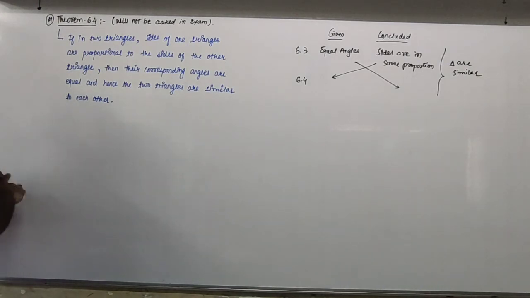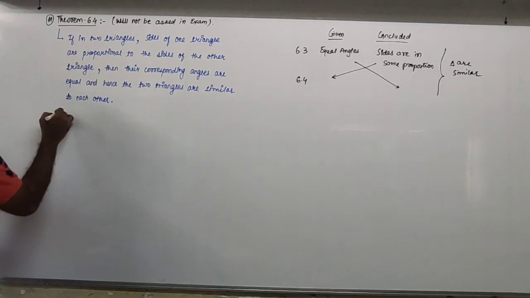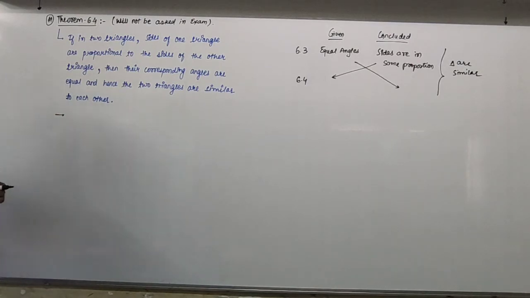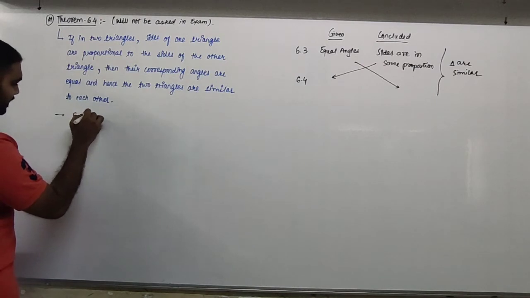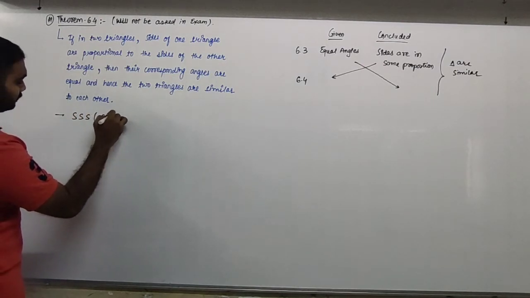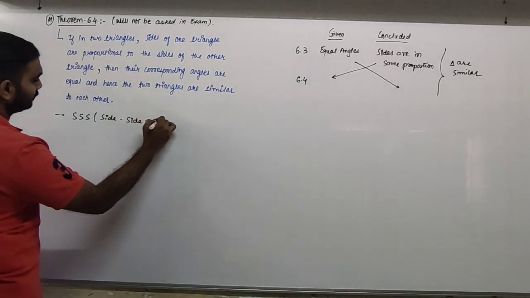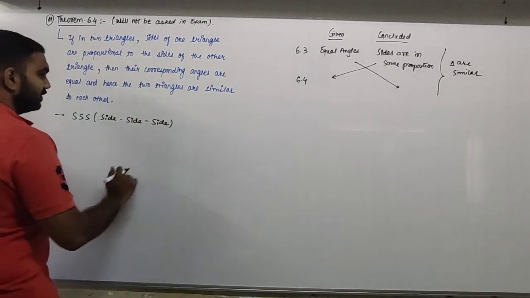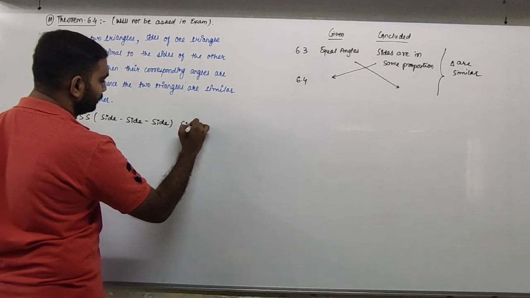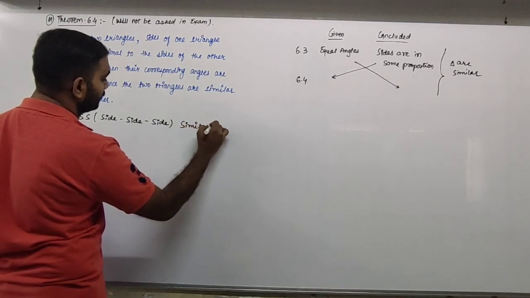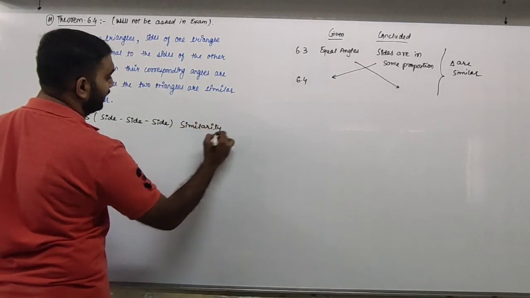This theorem, theorem number 6.4, is known as the SSS similarity criterion. That is the side, side, side similarity criterion.